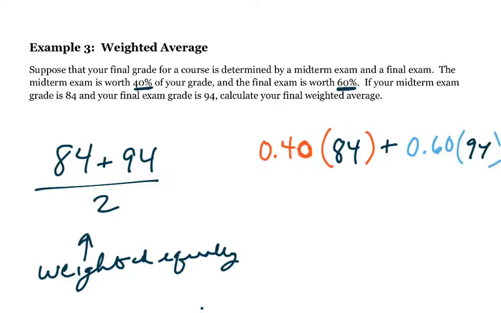So when we calculated it over here with them being weighted equally, your average would be an 89. When you calculate it with them being weighted differently, we calculate an average of 90.